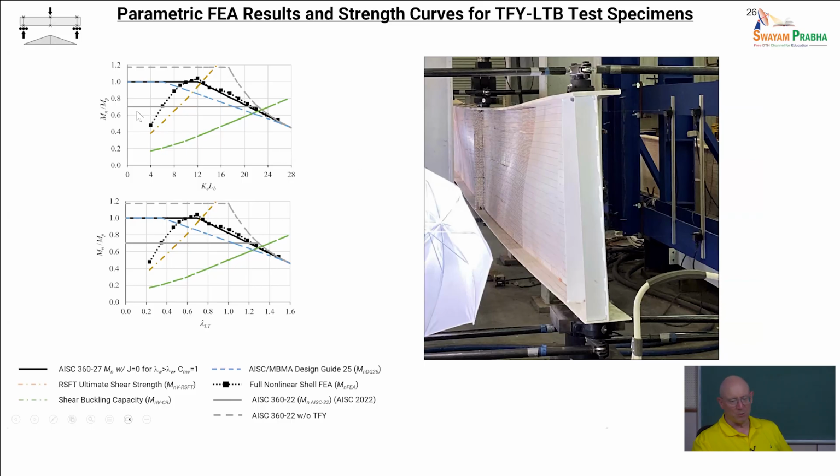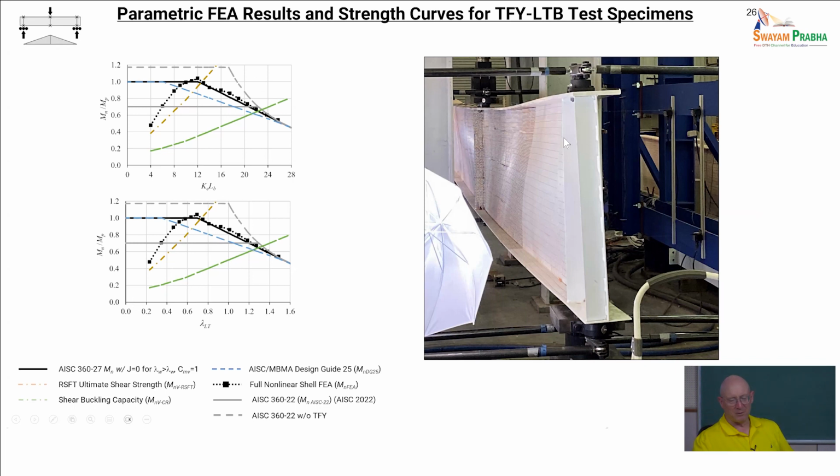And so we're using plastic moment resistance as the plateau strength, and you can see where this is coming in here. So the top plot is the strength normalized by MP versus an effective length. The bottom plot is the same ordinate versus the non-dimensional slenderness lambda LT.